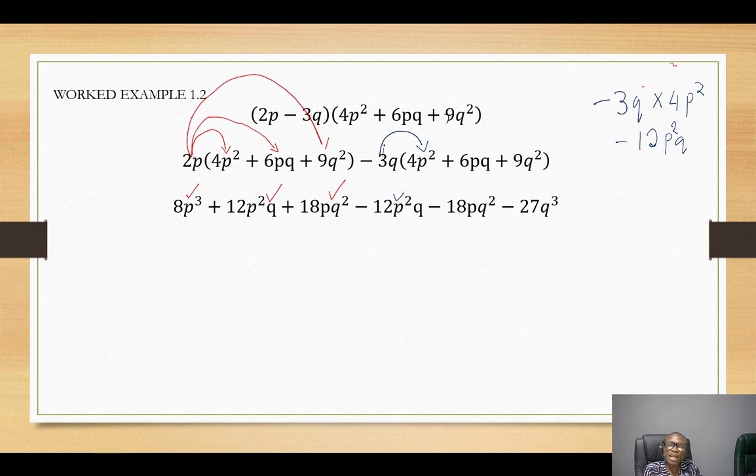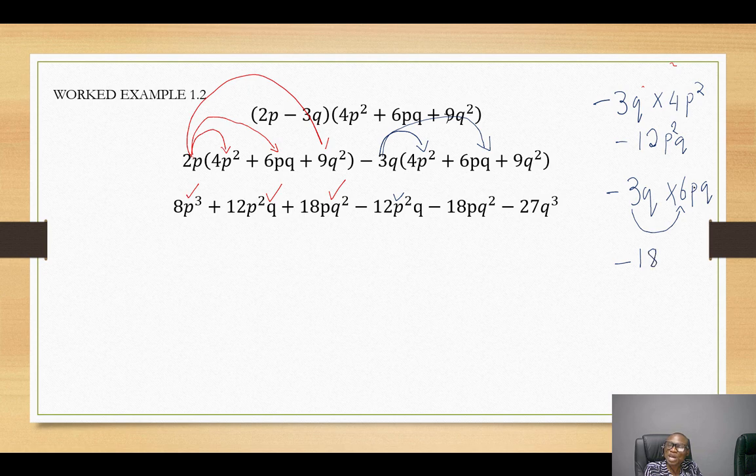Now you say minus 3q times 6pq. We know that negative 3 times 6 is 18. 6, 12, 18.